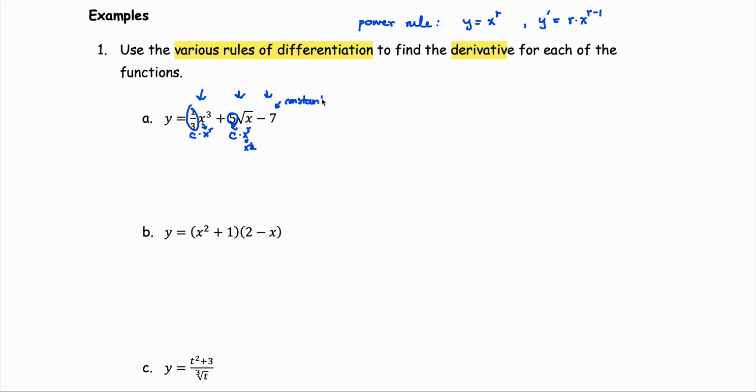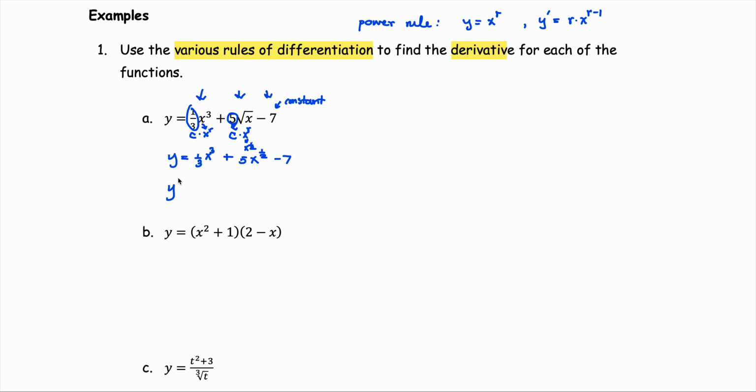As we identify the type of each term, it helps us make a connection to the rule we're going to apply to find the derivative. So I'm going to rewrite it in a way that's easier to find the derivative term by term: 1/3 times x to the third, plus 5 times x to the power 1/2, minus 7.